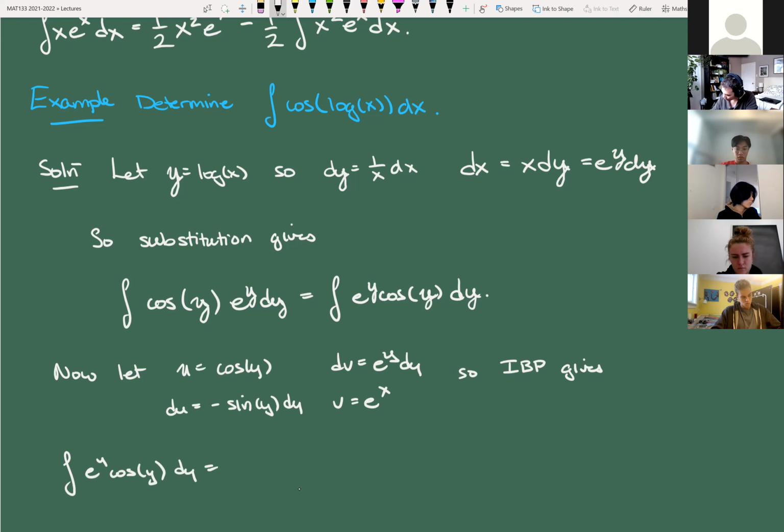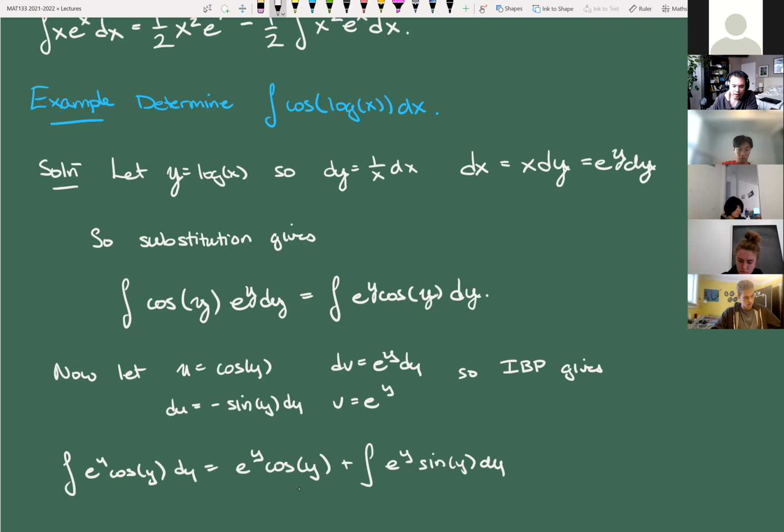All right, uv, oh, that should be a y, is e to the y cosine y minus the integral of v du, but there's an extra minus sign in there, so it's actually going to be a plus e to the y sine y.